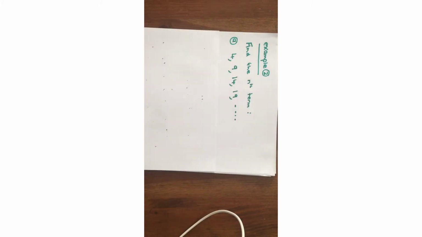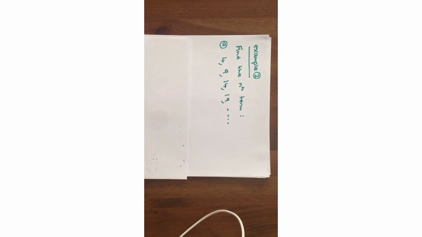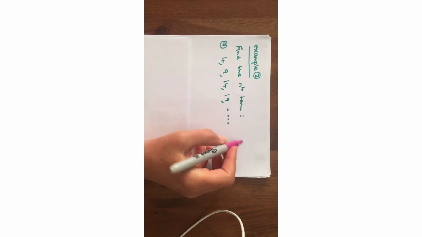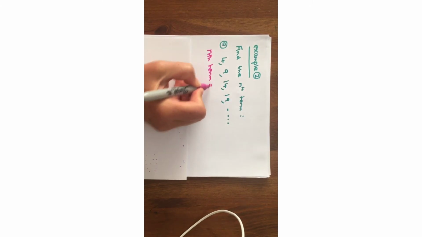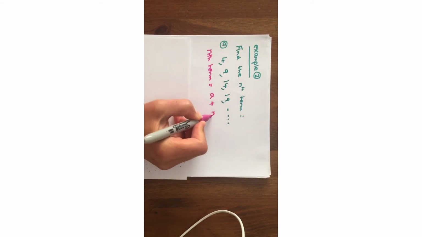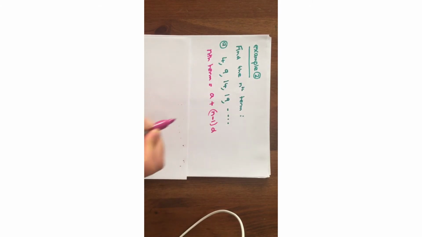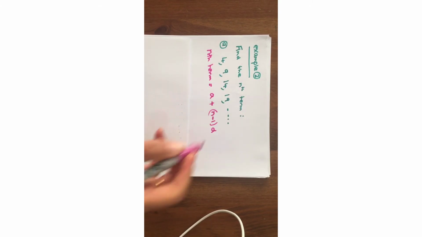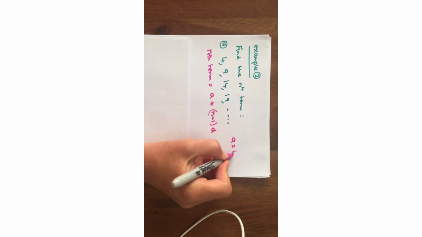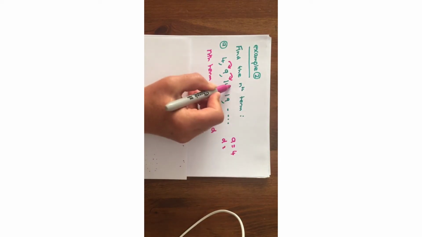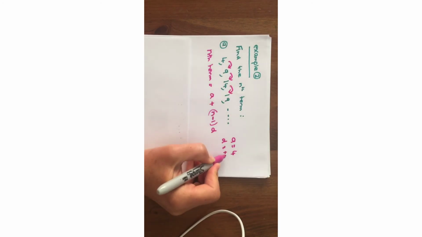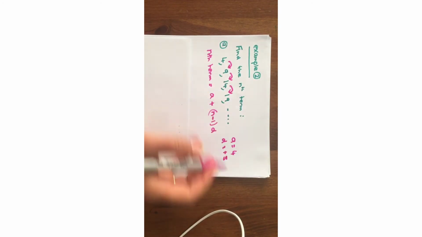So, if I've got this as my sequence here, I can see that my nth term, let's just always write down the rule first, is a plus n minus 1d. So in this case, my first term is 4, and each term goes up plus 5. Yeah, it's going up in 5s.